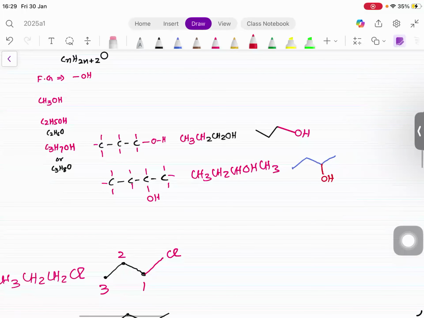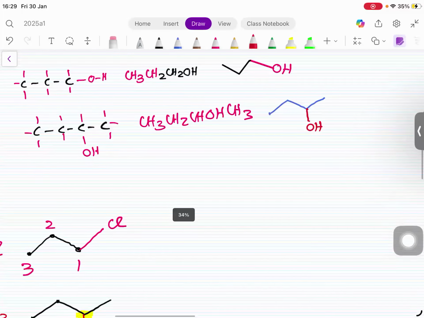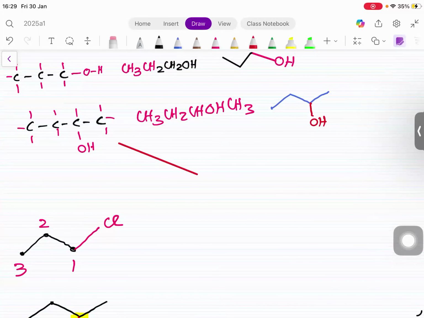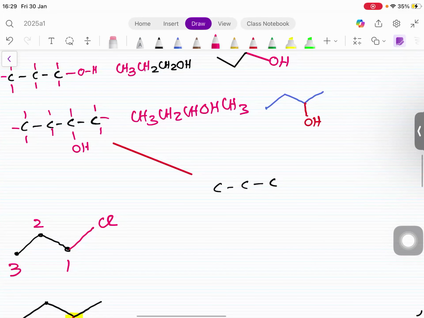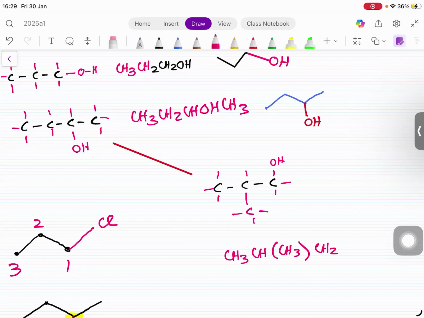Okay, similarly, if we draw the branched structure for the fourth one, how can we draw it? 3 carbons. Pay attention, please. 3 carbons, 1 carbon in the branch, and if I put the OH here, how would it look? CH3, CH, then CH3, and then CH2, OH.